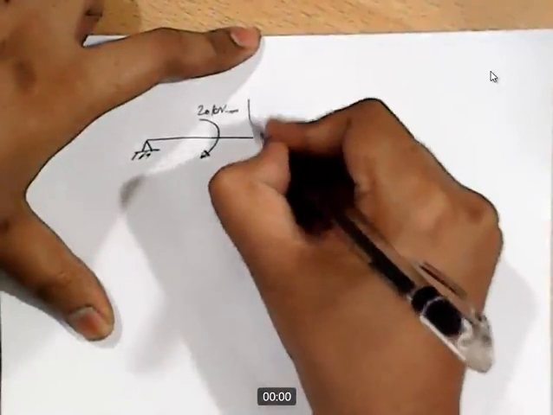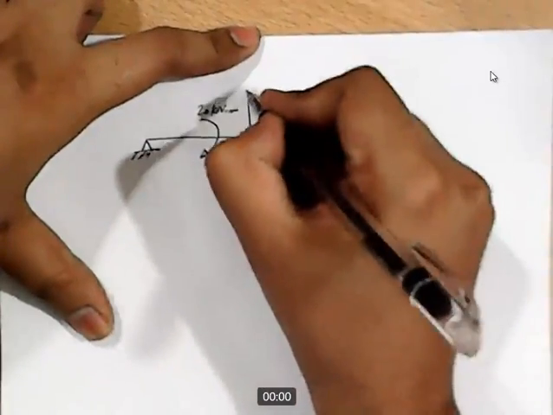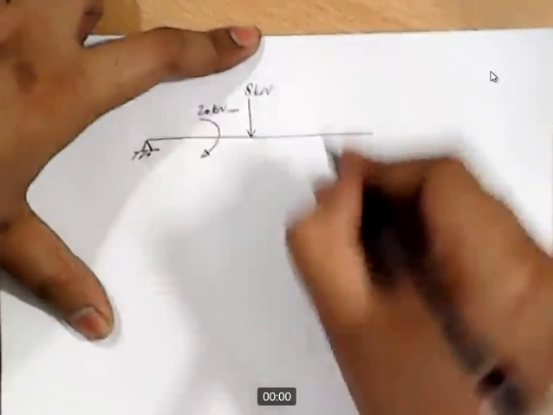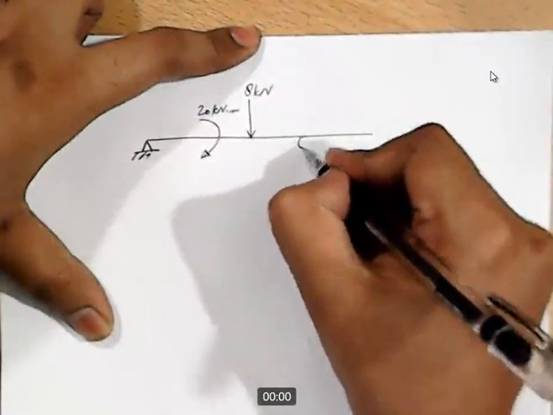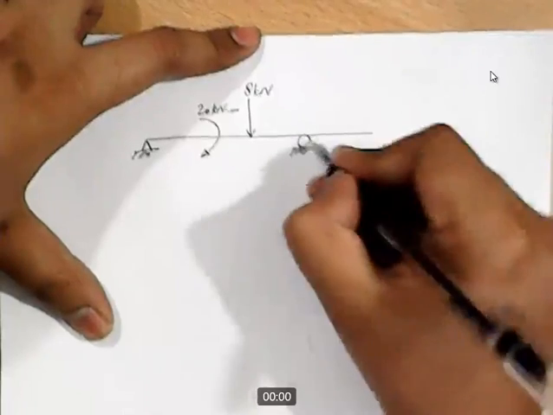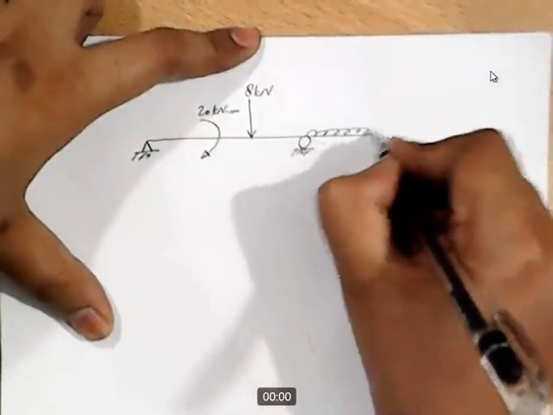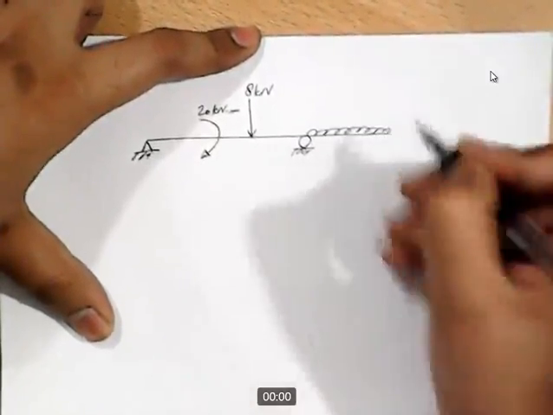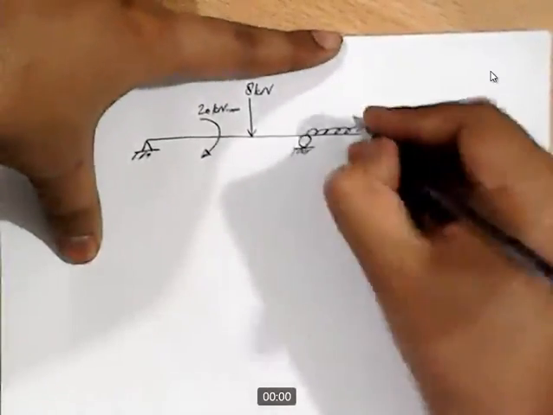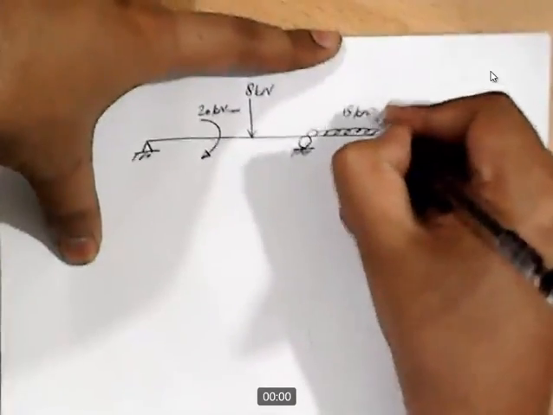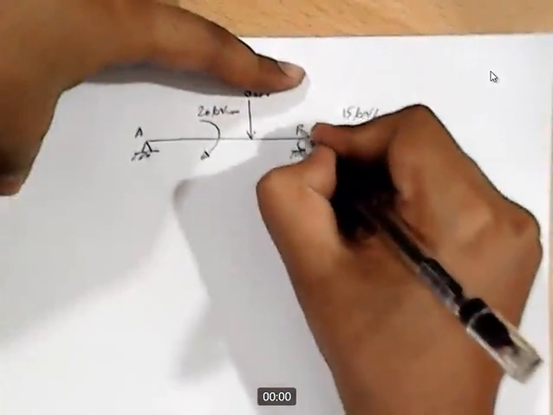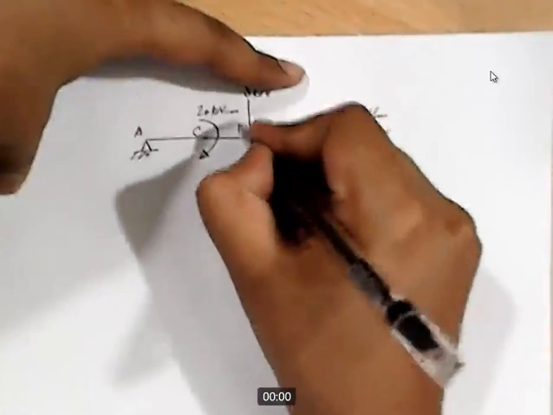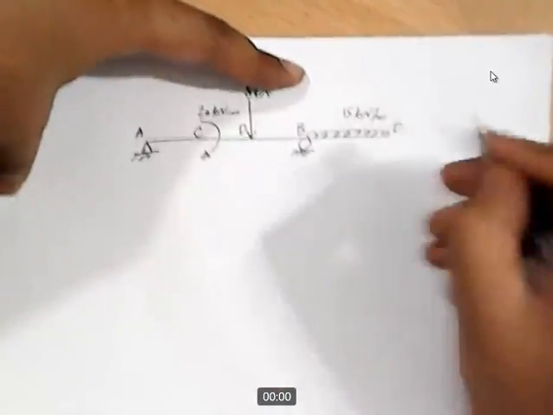We have this force acting in downward direction. This is 8 kilonewton, and then we have a roller support here, and we have a UDL here. UDL is 15 kilonewton per meter. This point is A, B, C, D and E.